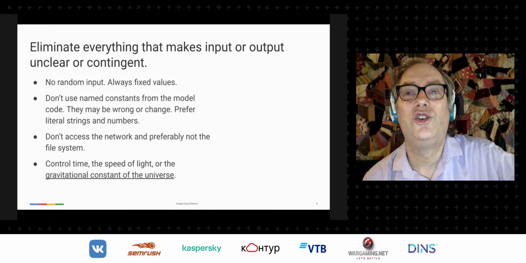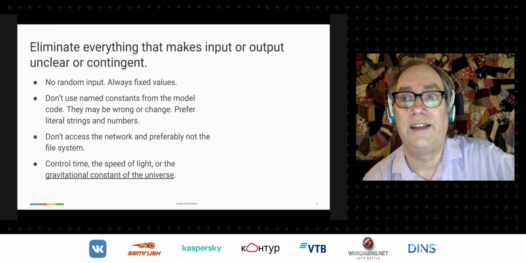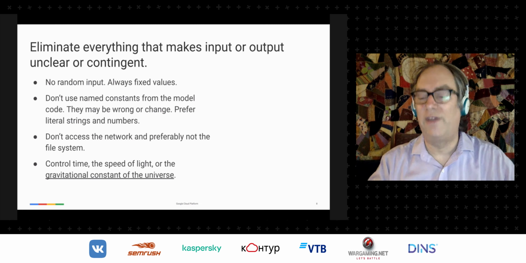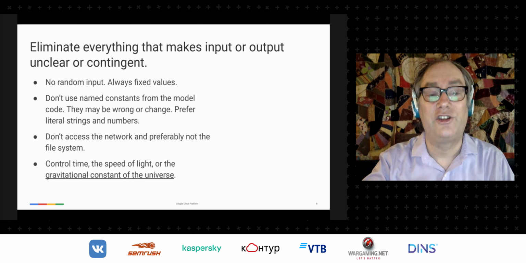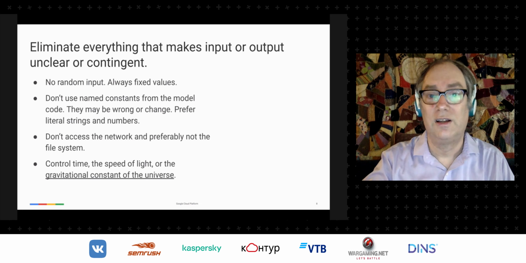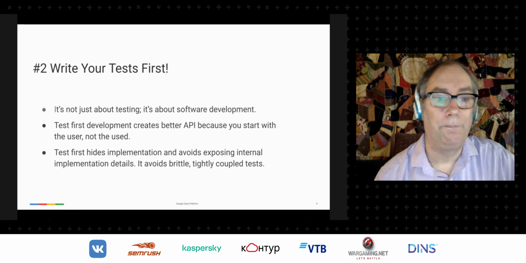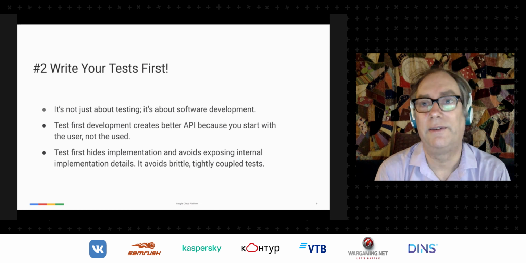Your tests should not rely on the system clock. They should use fake clocks that set the time, speed of light, gravitational constant of the universe, whatever you're trying to pull in from the outside world, that should be part of your input. Now, that's the first principle, the fundamental principle of unit testing.